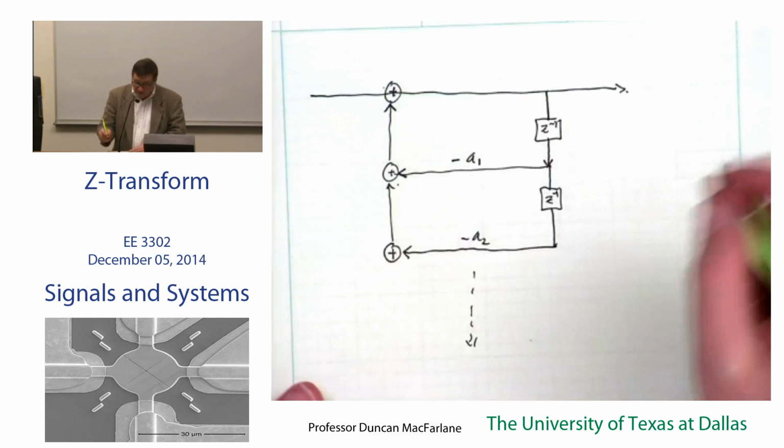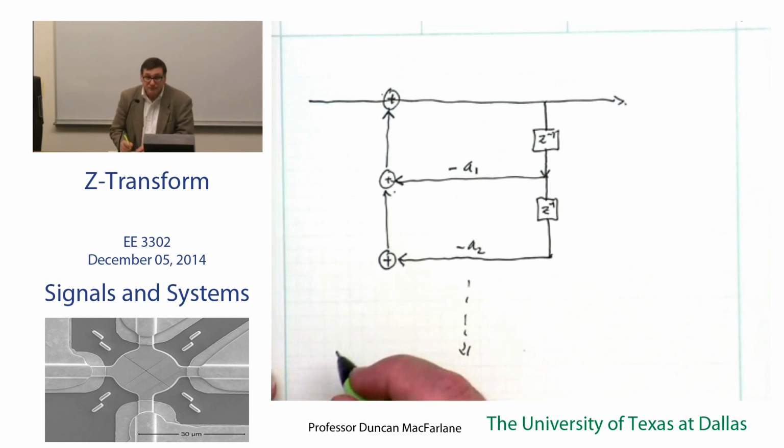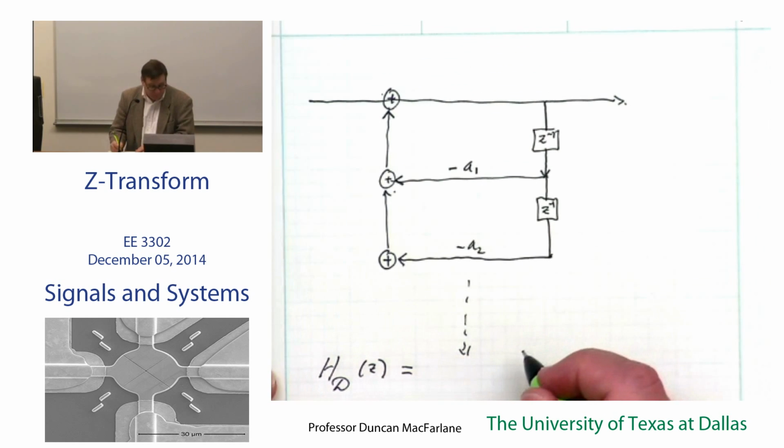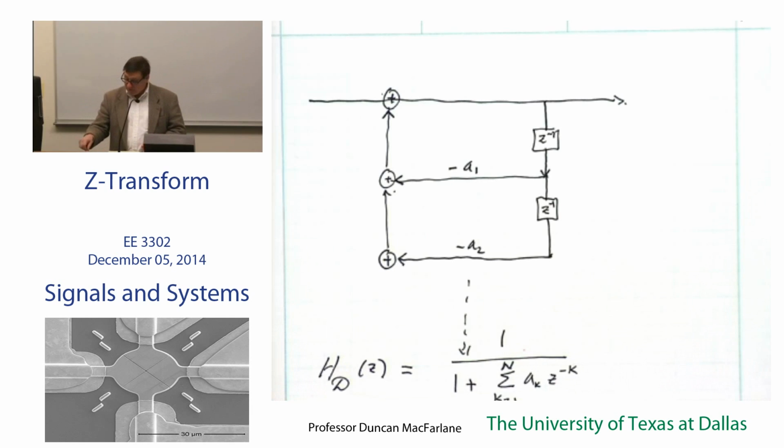And so if I add all these guys up, then my transfer function, and I'll label this h sub d, is equal to 1 over 1 plus the summation k equals 1 to n. So this is for nth order. A sub k z to the minus k. So I'll just emphasize that.